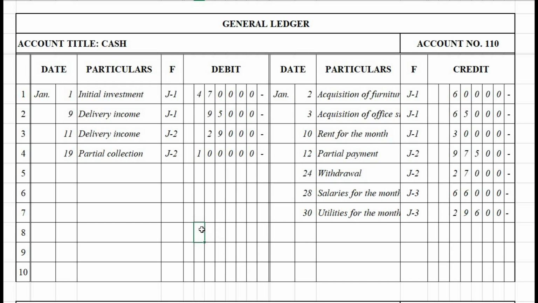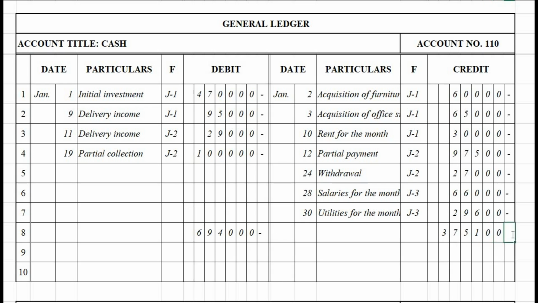In this case, the total of your debits is 694,000. Whereas the total of your credits, all in all, is 375,100.